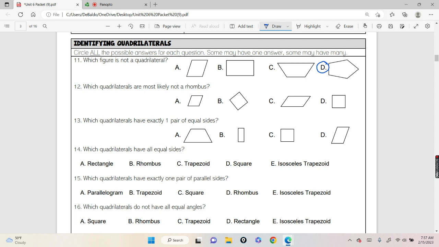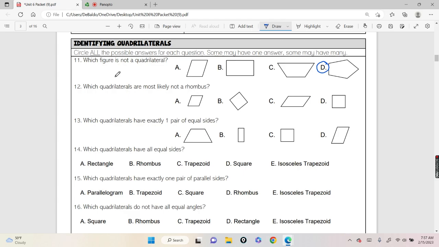Number 12, which quadrilaterals are most likely not a rhombus? Well, remember our characteristics of a rhombus. What's unique about a rhombus is that all 4 sides are equal to each other, and the opposite angles are congruent or equal.